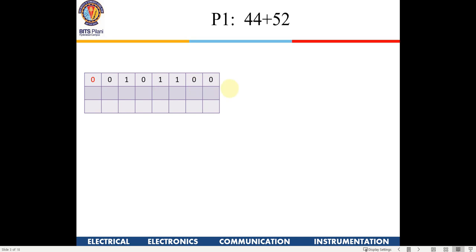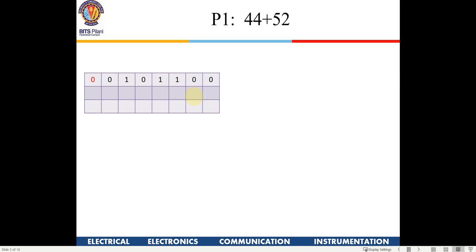Because the 8085 is an 8-bit processor, and the 8086, which is in our syllabus, can handle both 8-bit or 16-bit.